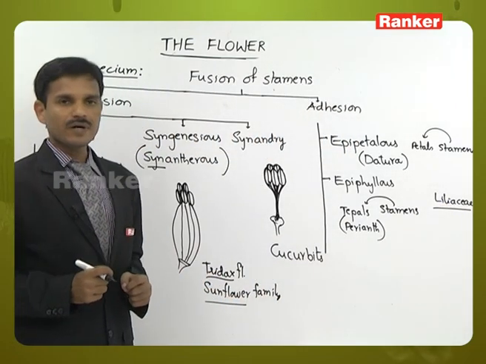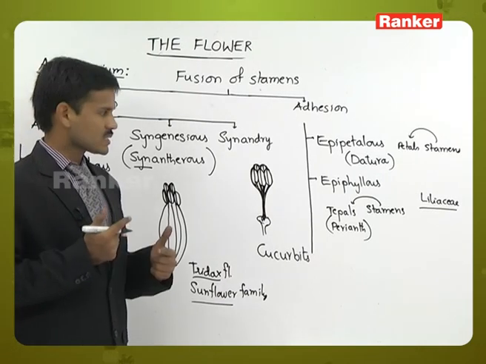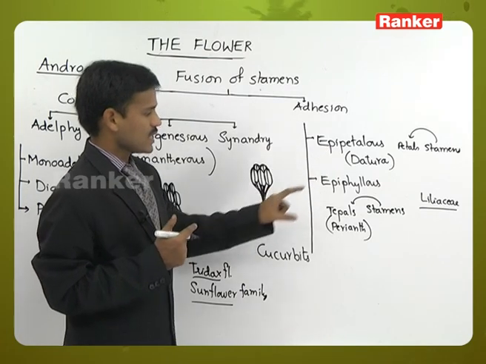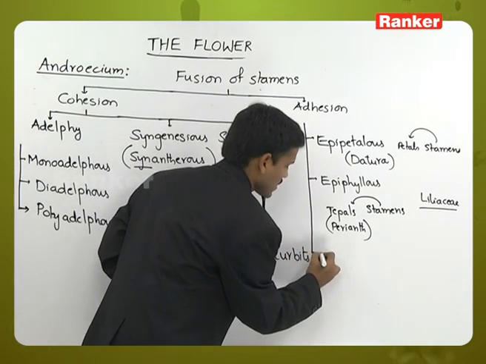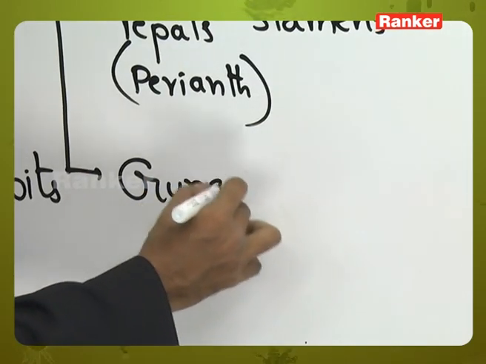The third type of adhesion is when stamens are fused with other floral parts. Besides petals and tepals, sometimes stamens are fused with the gynoecium. It is called gynostegium.